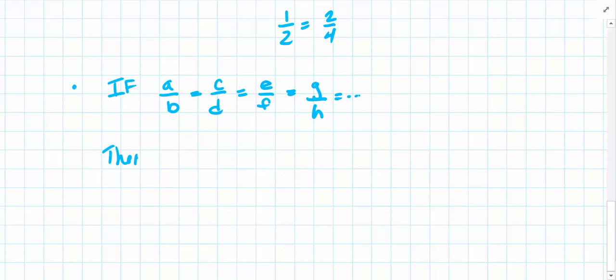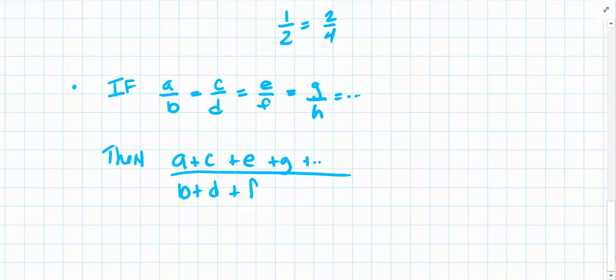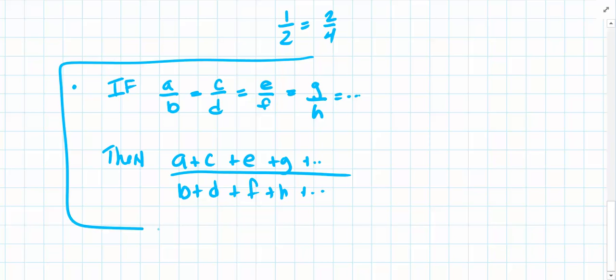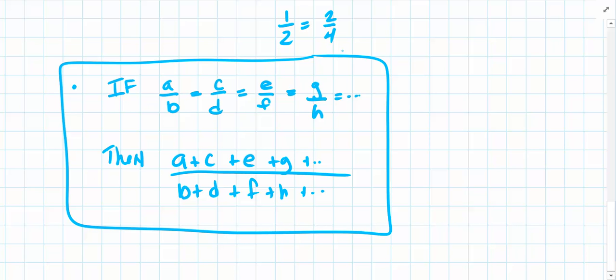We can actually say A plus C plus E plus G plus whatever, all over B plus D plus F plus H plus whatever. It's a very interesting one, and we don't ever really talk about it, so I definitely want to point it out to you. Let me give you an example.